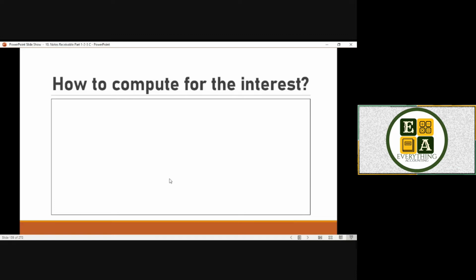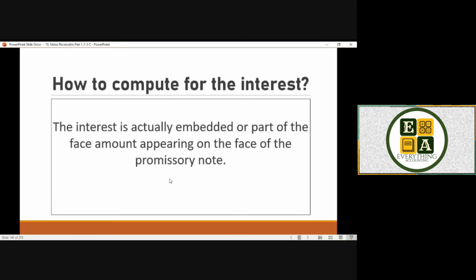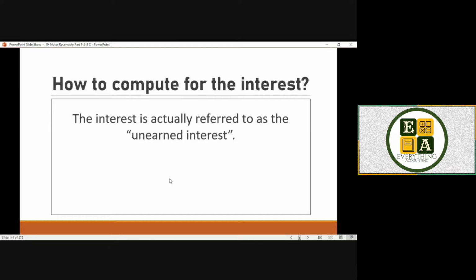How to compute the interest? Again, interest for non-interest-bearing notes receivable is embedded in or part of the face amount appearing on the face of the contract or promise to pay, which is the promissory note. The interest that we account for under interest-bearing is treated as accrued interest.